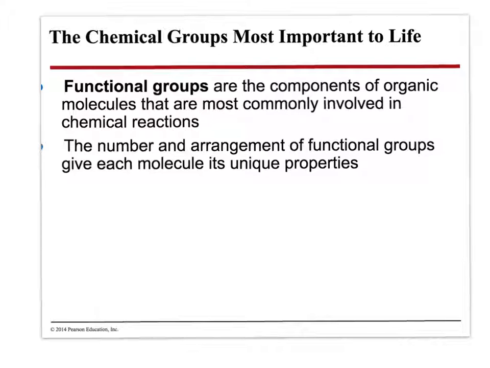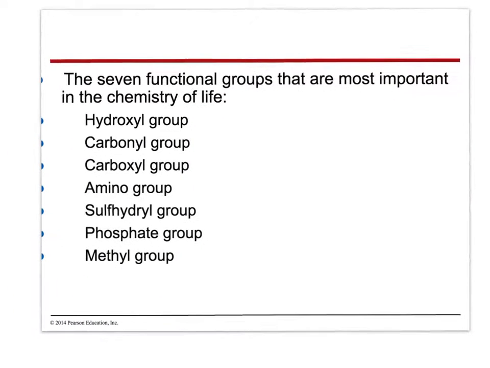And the number and arrangement of those groups will alter the shape, thus altering what? Function. Now, I don't expect you to know all the functional groups or what they are. I expect you to understand, terminology-wise, what they are when we're talking about them.